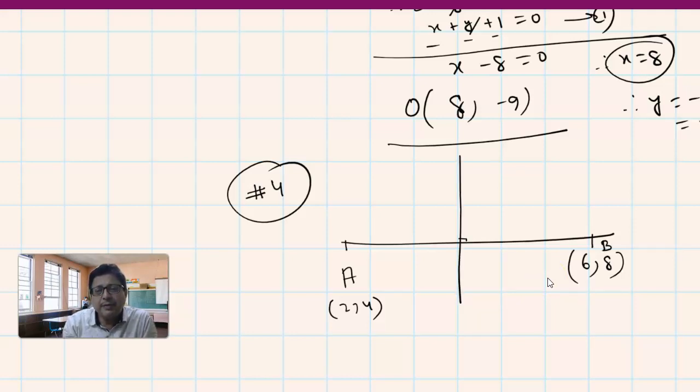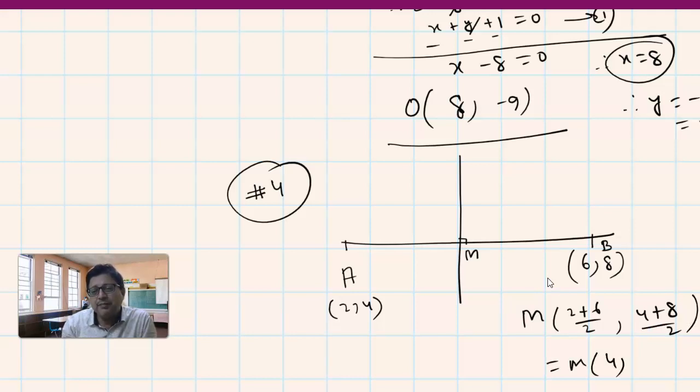We need to get the midpoint, because the line passes through this point. The midpoint is ((2 plus 6) by 2, (4 plus 8) by 2). So the coordinate of this point M is (4, 6).